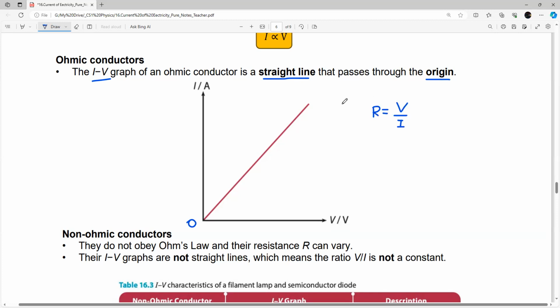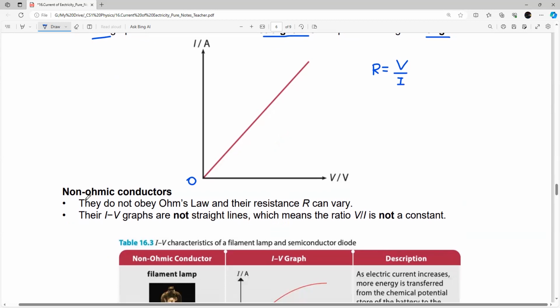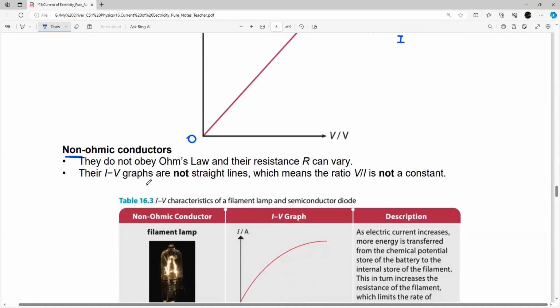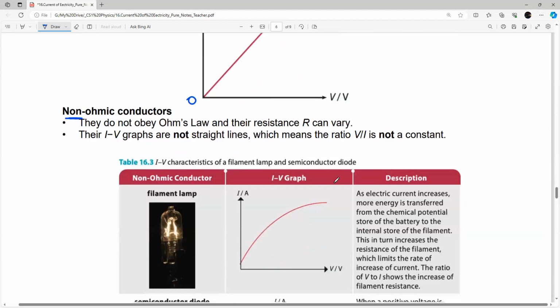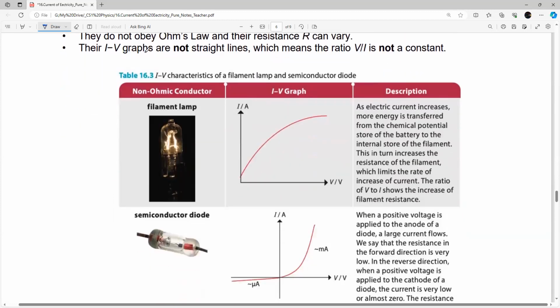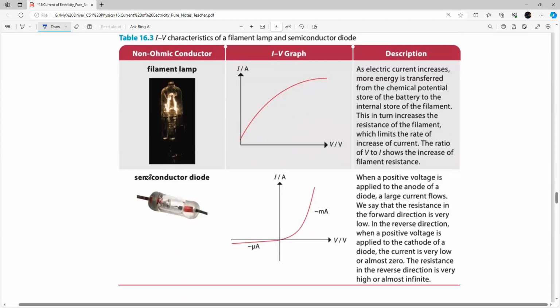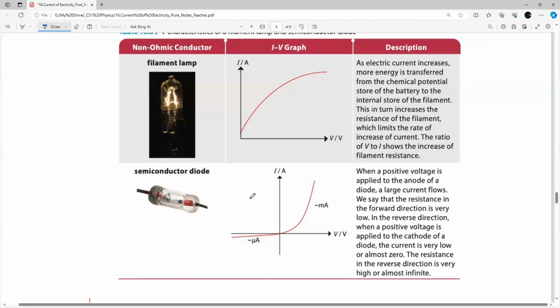Ohm's law. For non-ohmic conductors, they do not obey Ohm's law. Okay, so their IV graphs are not straight lines, which means the ratio is not constant. Two different ones are filament lamp and a semiconductor diode. You can see that the IV graphs are not linear and don't pass through the origin.